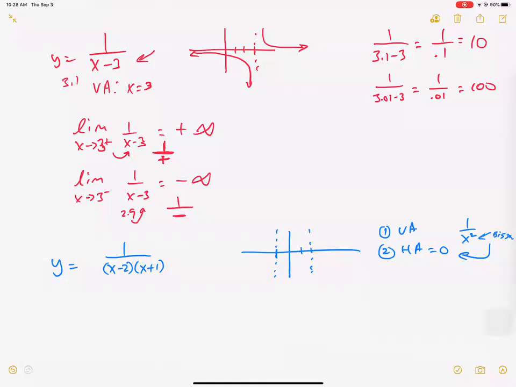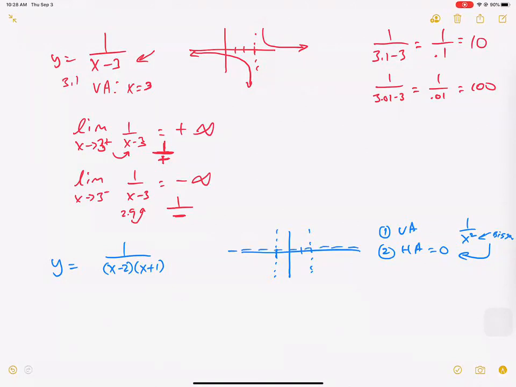That's even smaller. 1 divided by 1,000 squared is like 1,000,000. So 1 over 1,000,000 is pretty much 0. Okay, so if the bottom is bigger, it leads you to a smaller number. That's why it goes to 0. So we know we have a horizontal asymptote at 0.